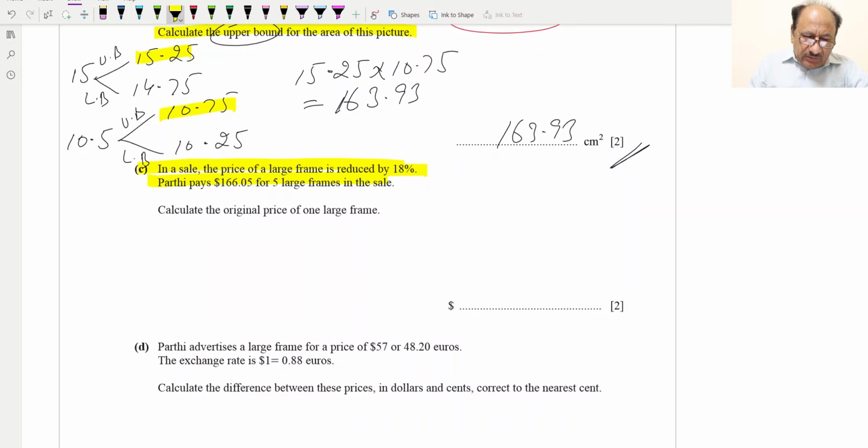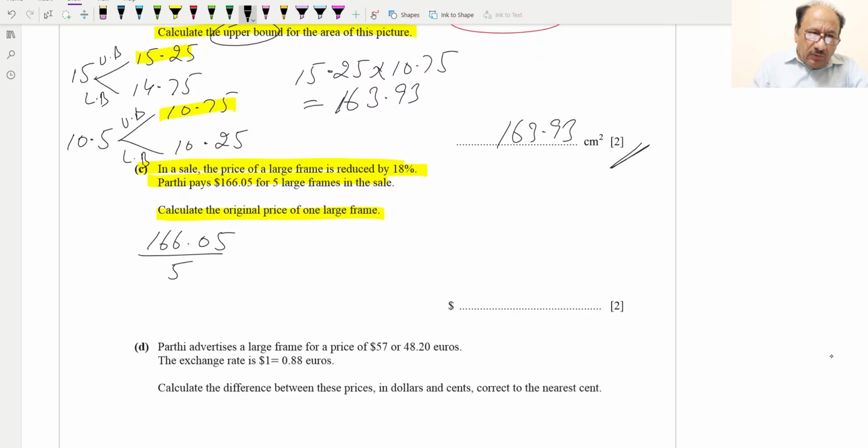Party says 166.05 is what she's paying for 5 large frames in the sale. So calculate the original price. So this is a reverse percentage question. 166.05 is for 5 frames.